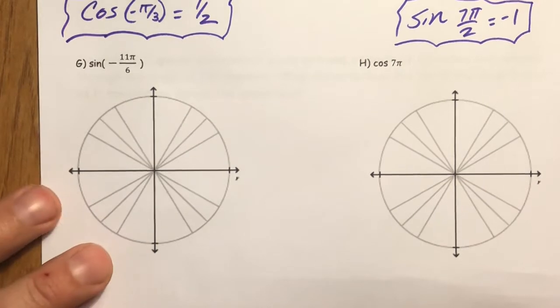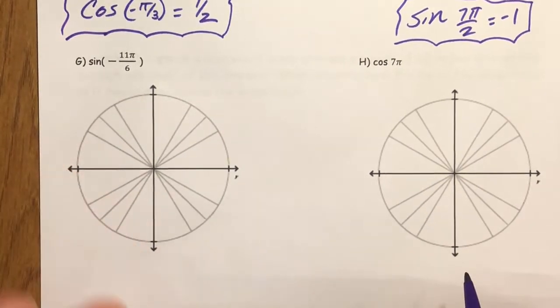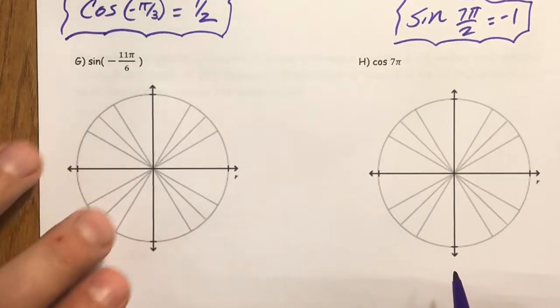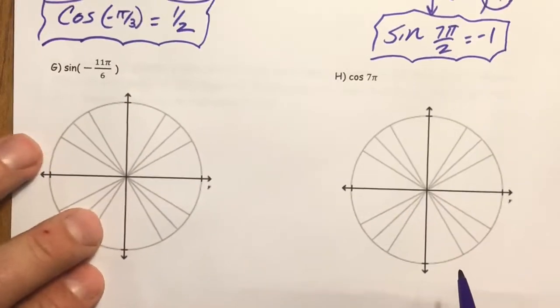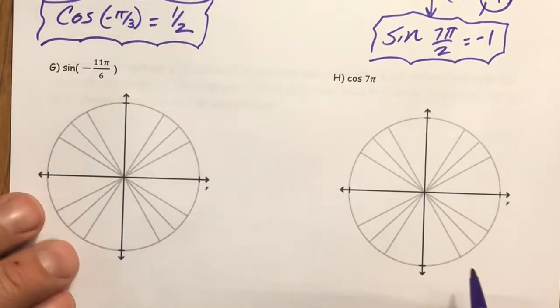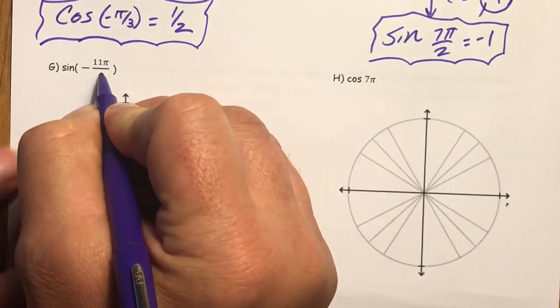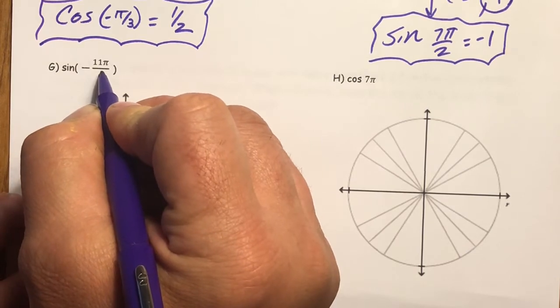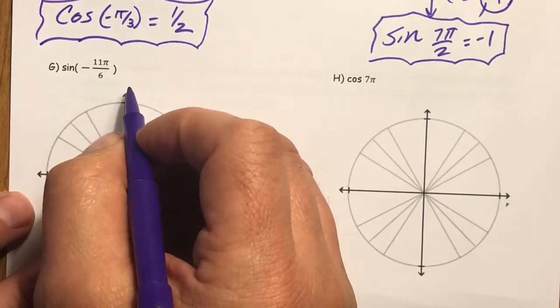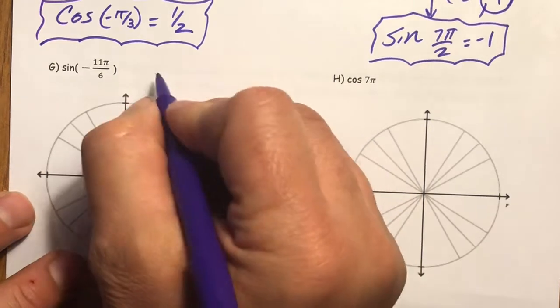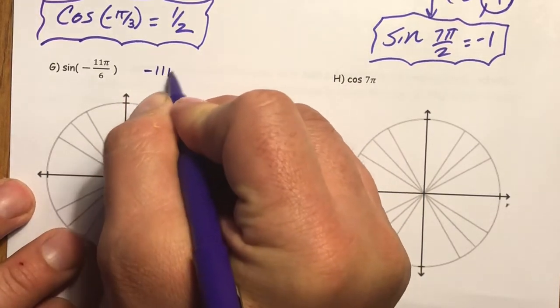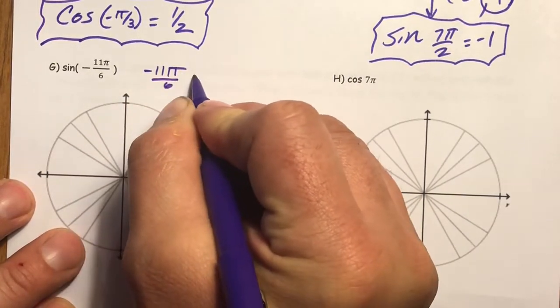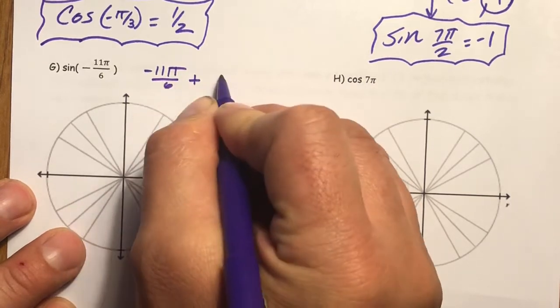Let's see here. All right, the sine of negative 11pi/6. So what I'm going to do is add 2 pi to this negative 11pi/6.